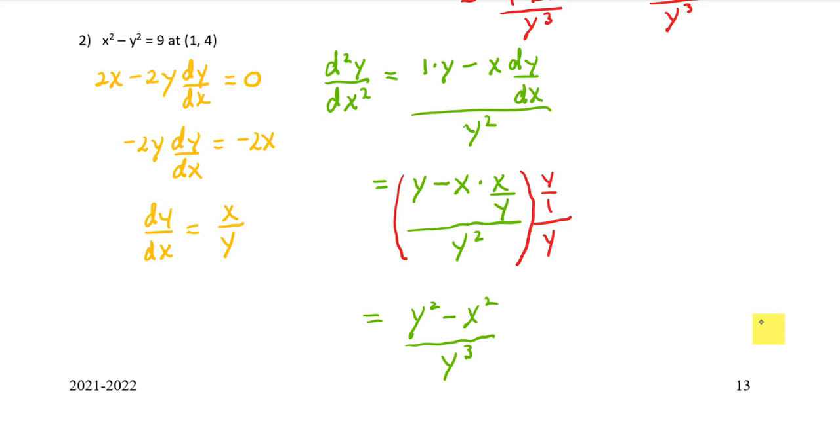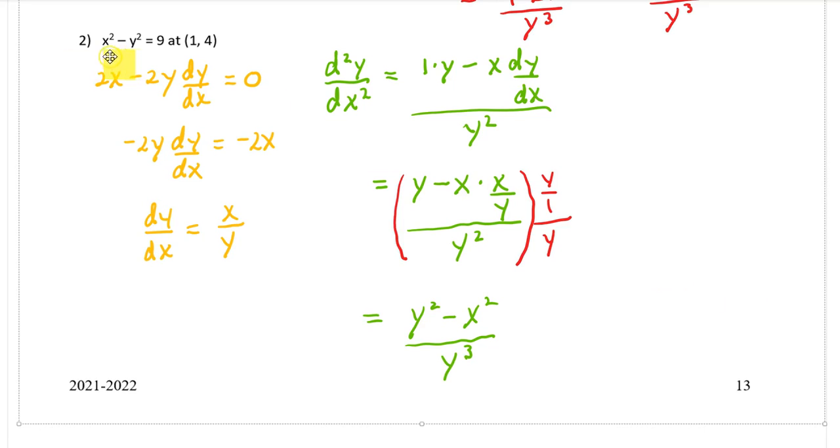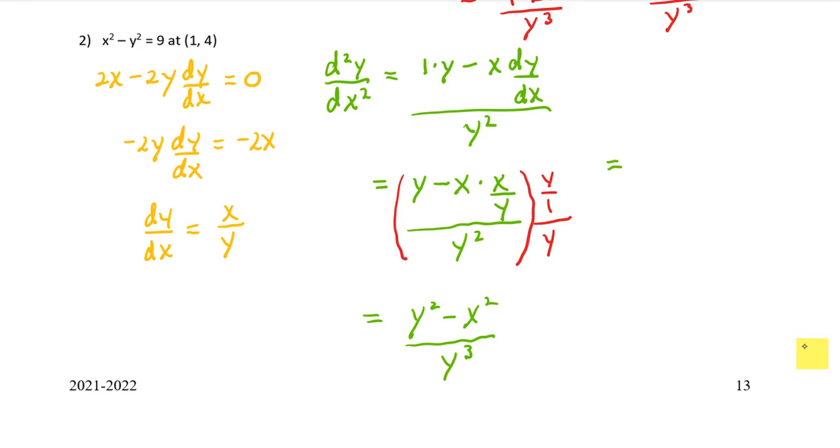And then again, if I go back and look at my original problem, notice my original problem this time said x squared minus y squared. Okay, well that's not exactly what I have, but again I can factor out that negative 1. That's going to give me negative y squared plus x squared, which is equivalent to what I started with, x squared minus y squared, all over y cubed.